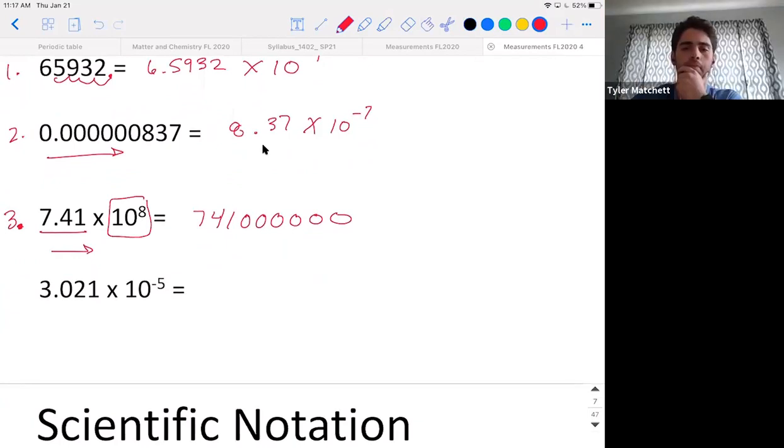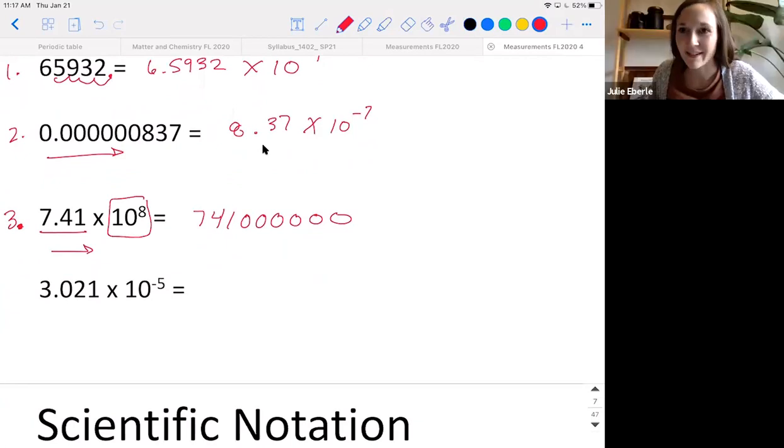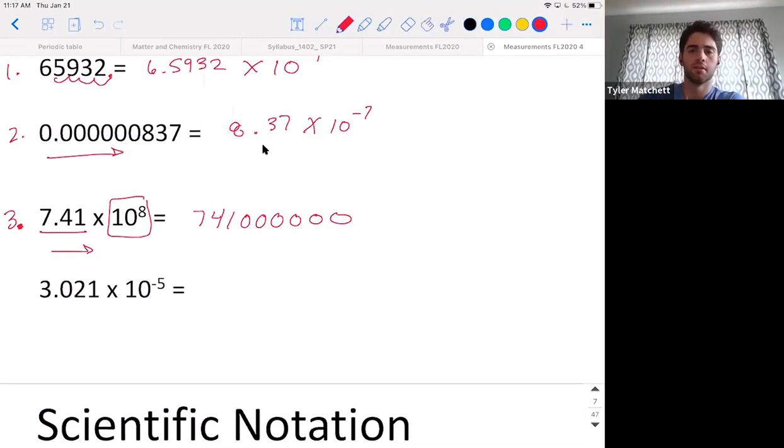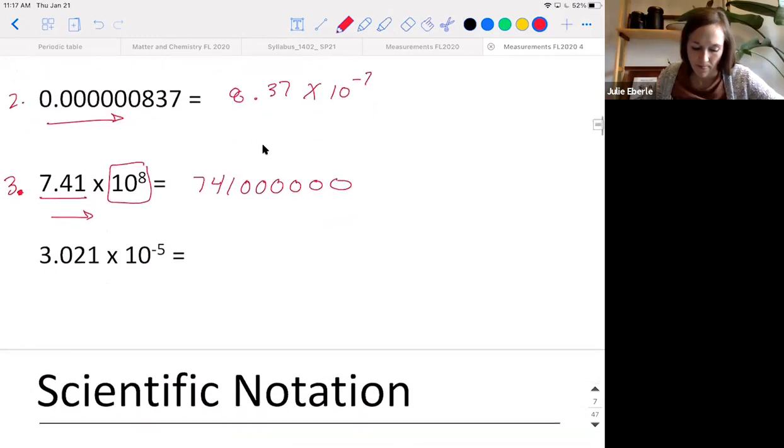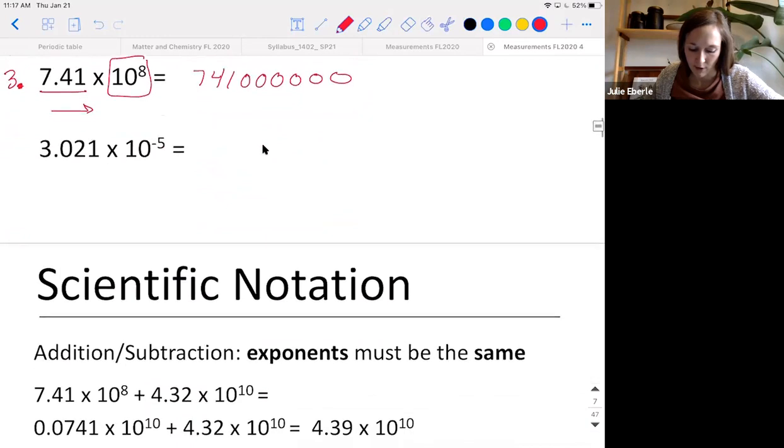So you should get 74100 million. So it's a really, really big number, right? And always double check yourself on your calculator if you ever have questions about that. The rules kind of reverse when you're converting back from scientific to standard notation. All right, great question though.